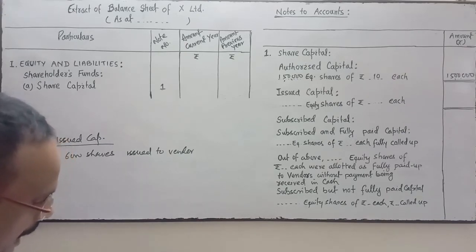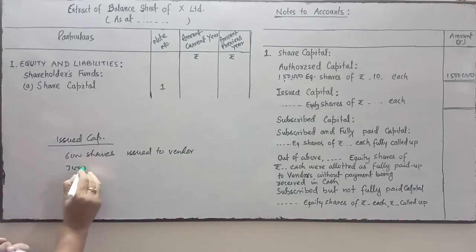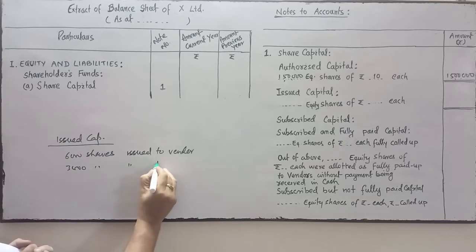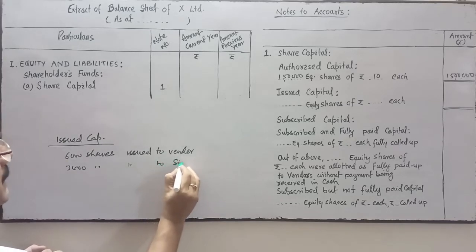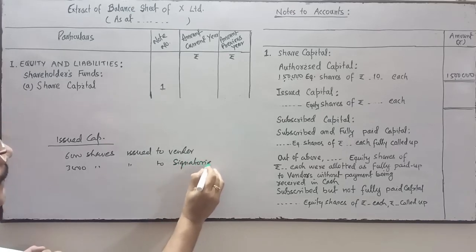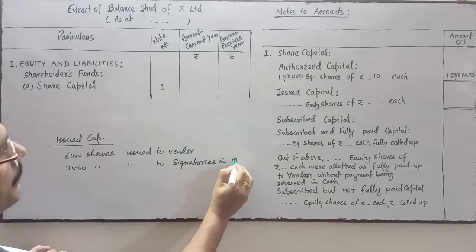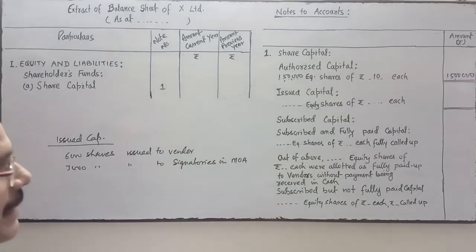And 3,000 shares were issued to the signatories to the memorandum of association. So 6,000 to the vendor for the purchase consideration of the building, and 3,000 to the signatories of the memorandum of association.